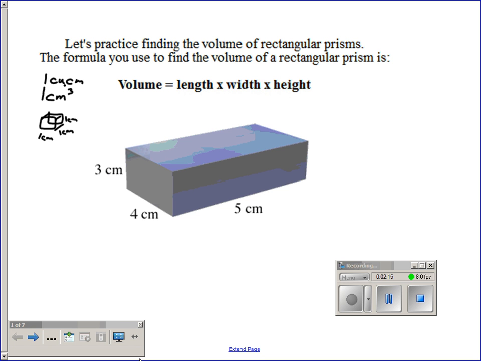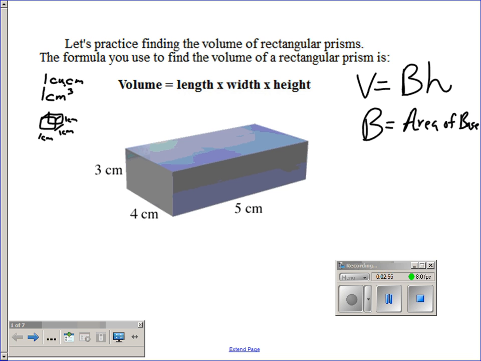Make sense to everybody? So when I know that this shape right here, one way that almost everybody in here knows volume is they know it as length times width times height. But on your formula sheet for your 6th grade MCA, you're going to say volume is equal to big B times H. And the big B is equal to area of base.